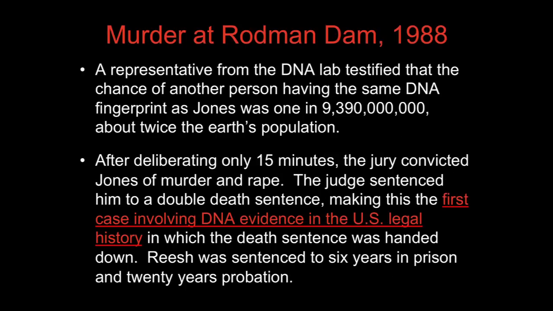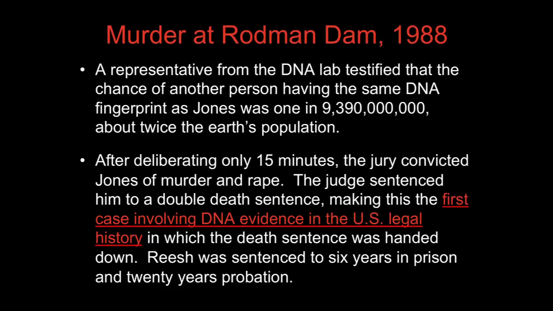A representative from the DNA lab testified the chance of having another person having the same DNA fingerprint as Jones was 1 in 9,390,000,000, about twice the Earth's population at the time. After deliberating for only 15 minutes, the jury convicted Jones of murder and rape.